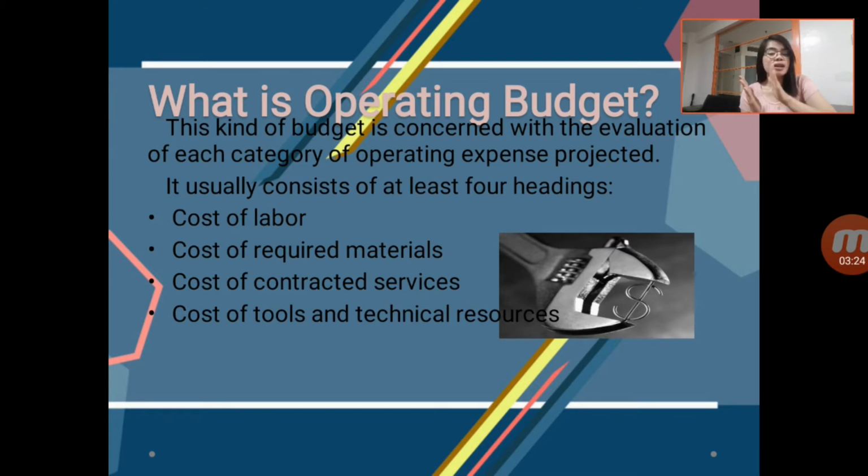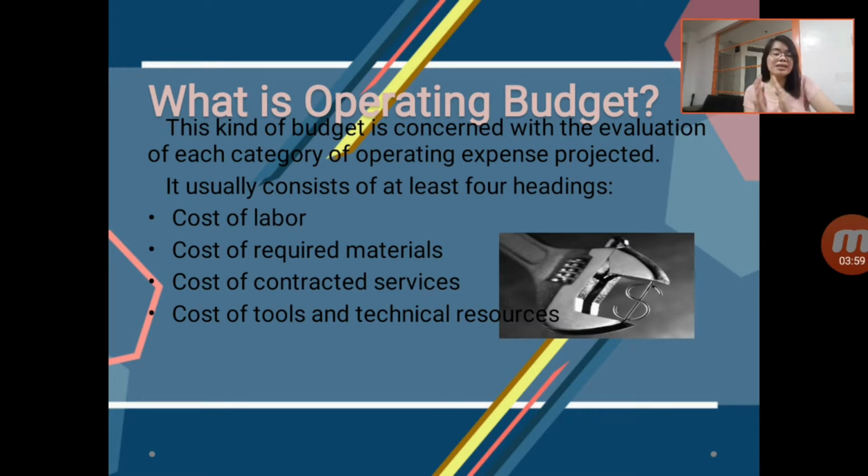This includes the sum of money that is expected to be used to reset tools and replace missing or damaged ones, or the acquisition of new media. Keep in mind that this media can be purchased or rented. And lastly, the cost of contracted services. It involves jobs that usually hire outside companies, such as skilled labor, including the travel expenses of the laborers. This is only for corrective maintenance.